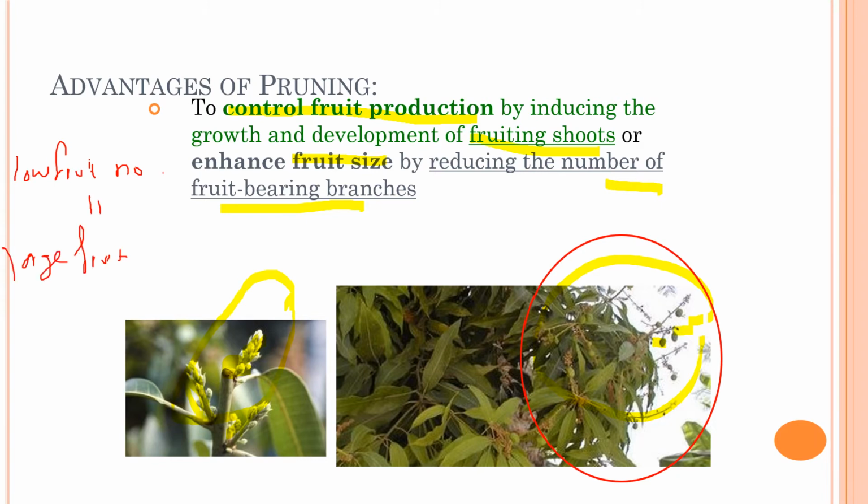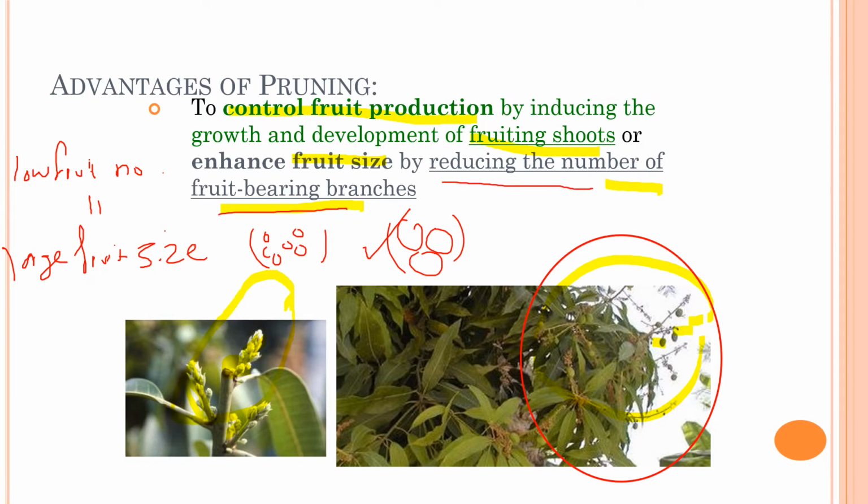It's always like that. And you notice in many trees, if you have too many fruits, you will have small size. But if you have only 3 or 4, then you will have larger size. So to get this large size, we need to reduce the number of fruit bearing branches. That's why we do the pruning there.